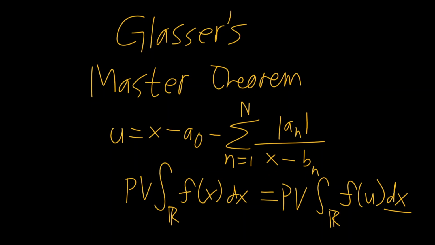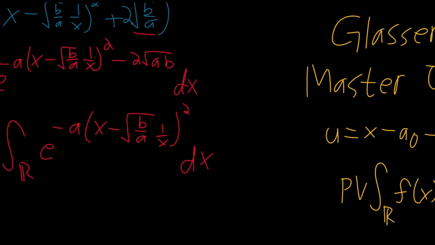The way we can apply this to our problem right here is to invoke this. The reason we can is that you'll see we have this term right here: an x minus some constant times 1 over x.